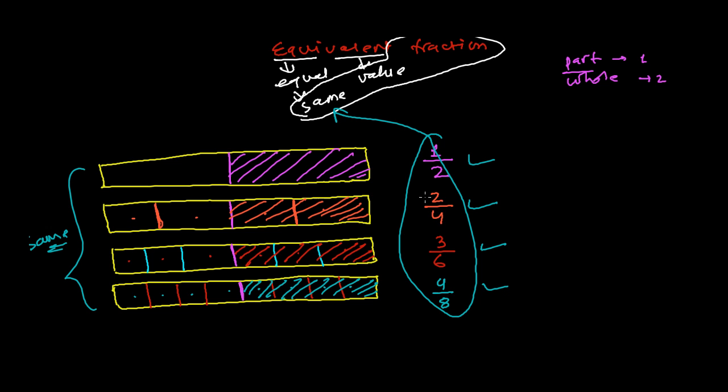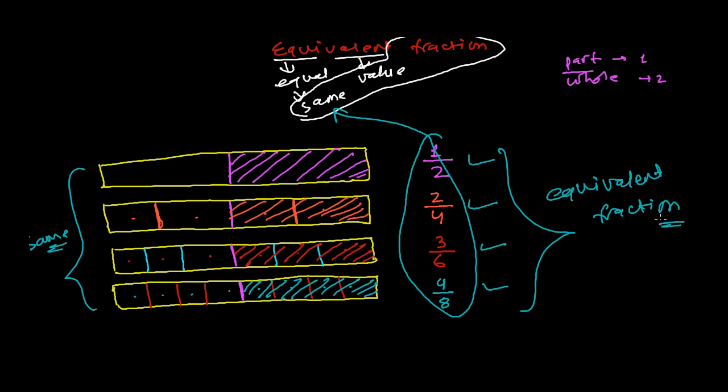Eating 1 by 2, eating 2 out of 4, eating 3 out of 6, eating 4 out of 8, they all mean the same value of the chocolate I ate. So those same value fractions are called equivalent fractions.